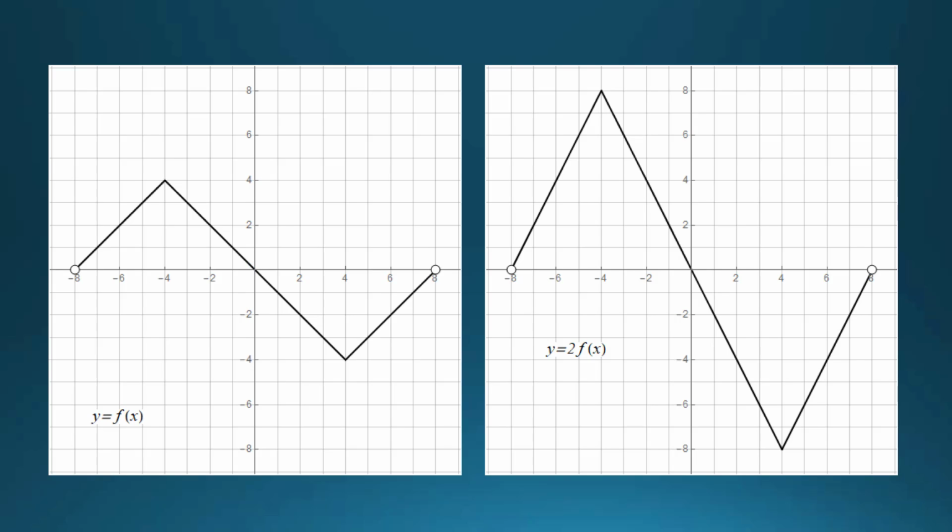So the range of the untranslated or uncompressed, unexpanded function is 8 units long. You look at the function on the right, 2 times f of x, and you'll notice that the range has increased in length by a factor of 2. So the function on the right, the range goes from -8 to +8 on the y-axis, twice as long as the original function before this expansion.